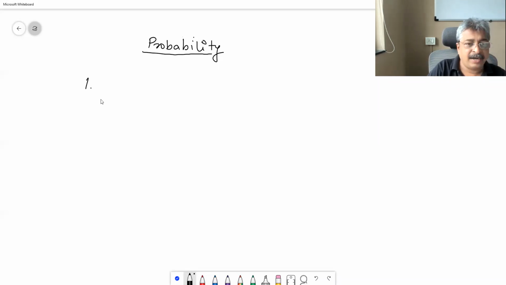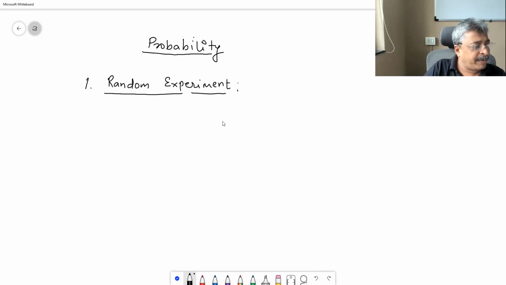First, random experiment. A random experiment is an act or experiment that has more than one possible result, which are known in advance, and it is not possible to predict which one is going to occur.